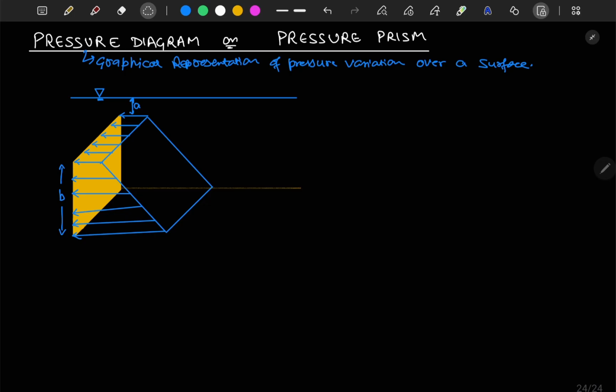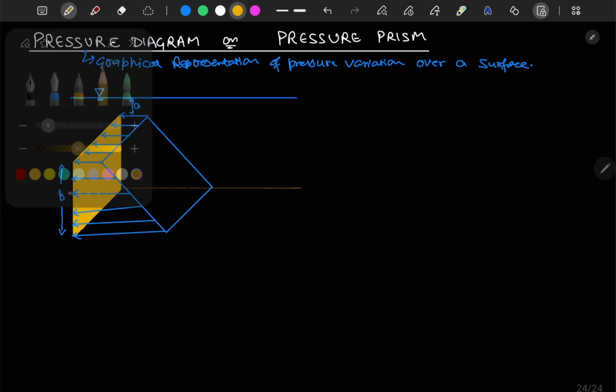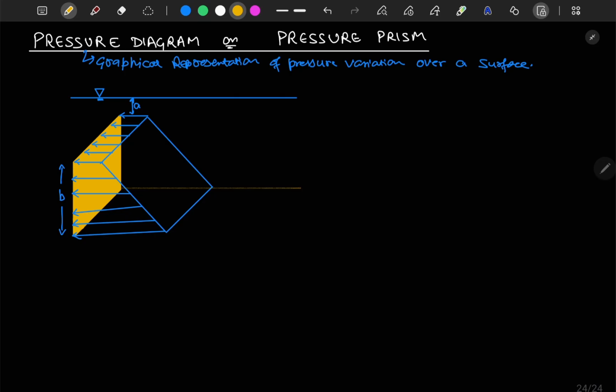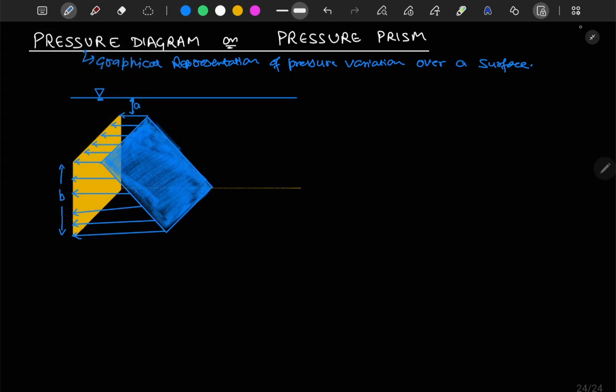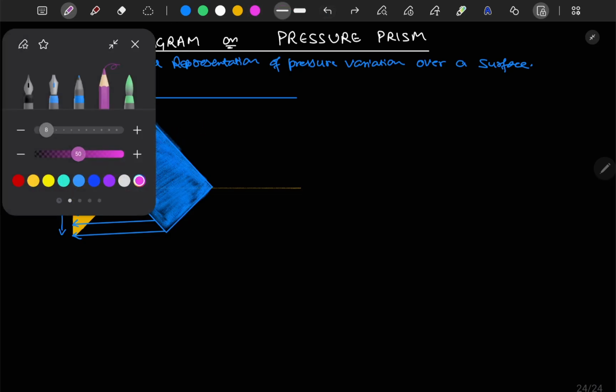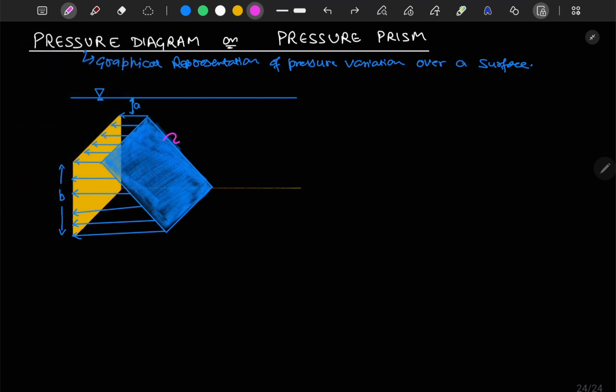So this prism here will include the prism here. This here is your pressure prism.